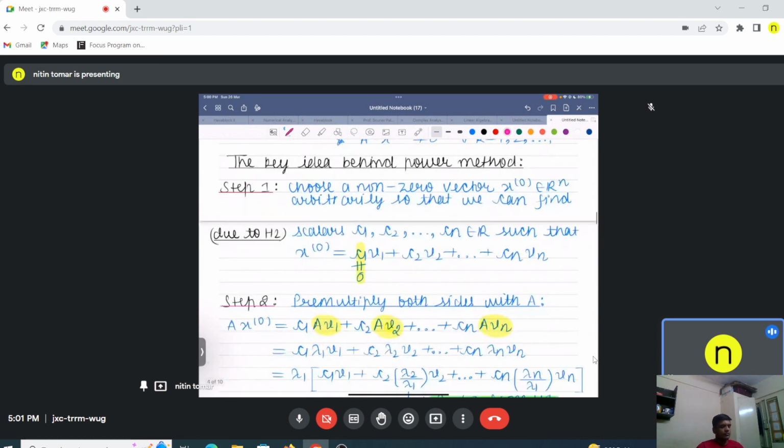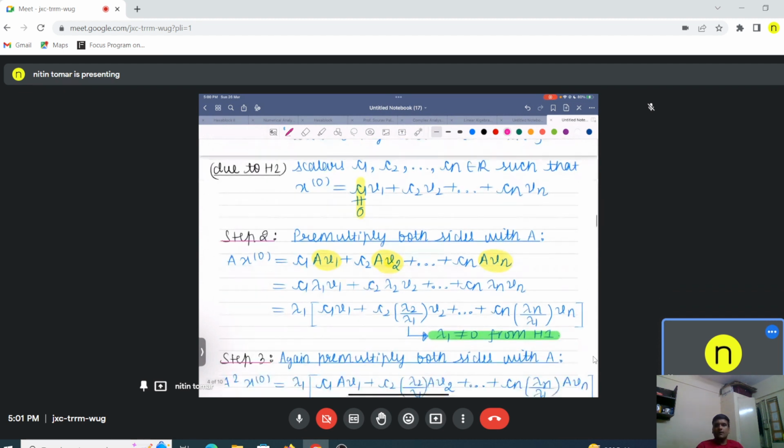So far we saw the key idea behind the power method. You just choose any non-zero initial vector x0. Due to h2, you can write it as a linear combination of the eigenvectors v1, v2, ..., vn, and c1 should be non-zero.